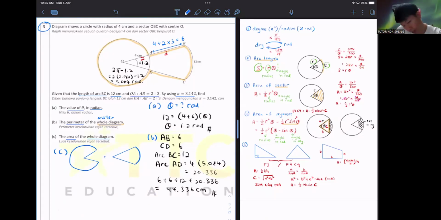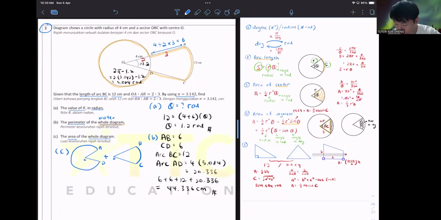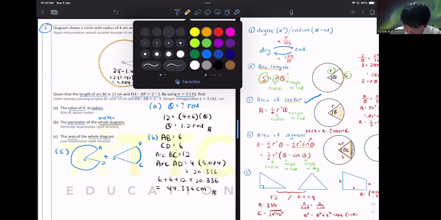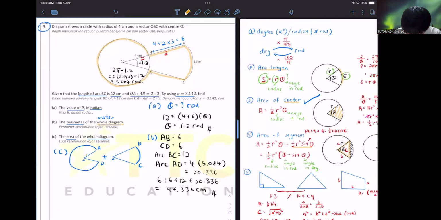This is the O, A, D. This is the O, B, C. So these two are also sectors, so we only go for one formula. These two use the same formula. For your sector here, theta for this part is over here, radius. And for BOC, radius, and this is theta. We have everything now.